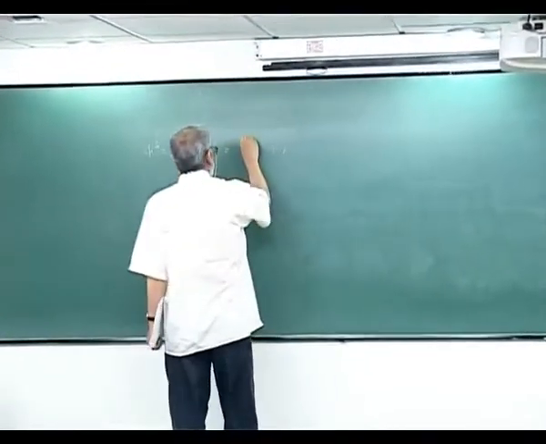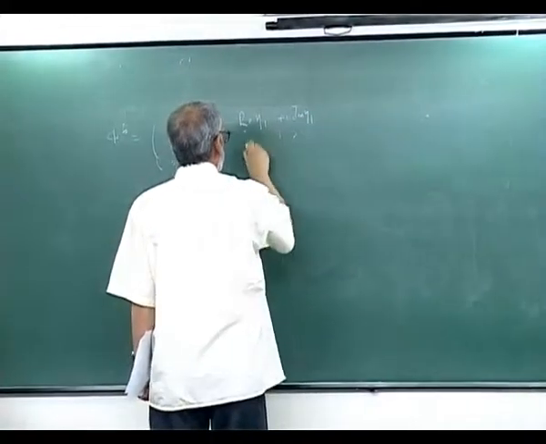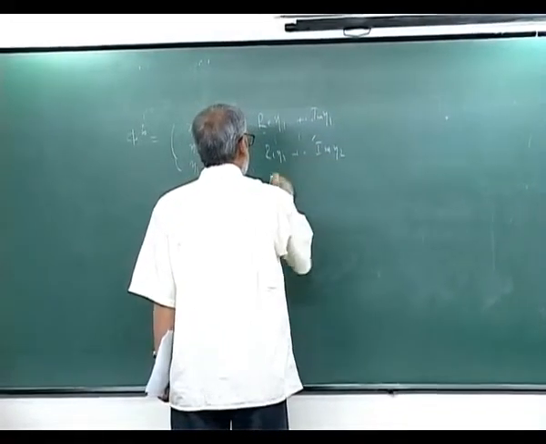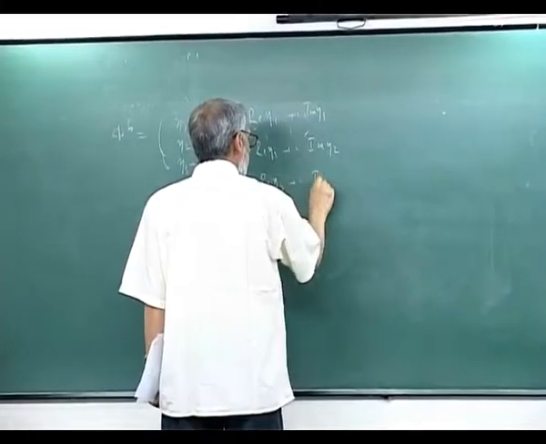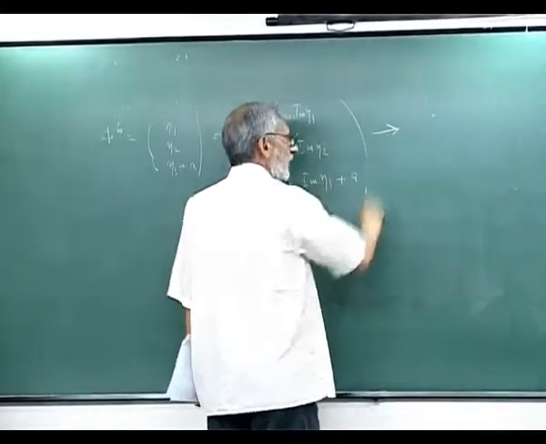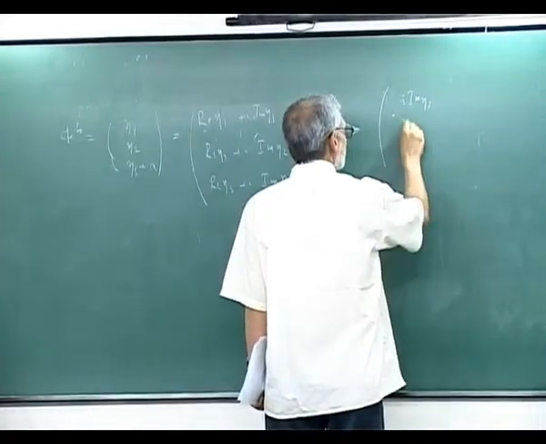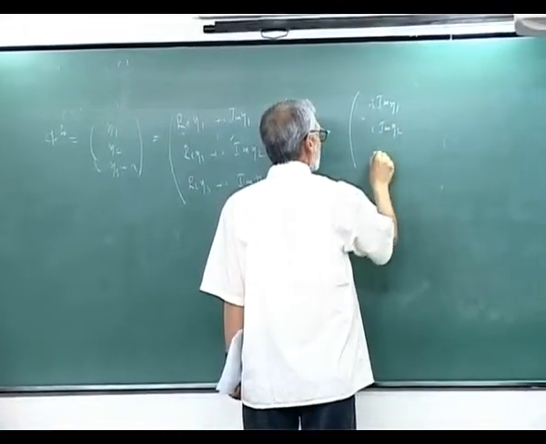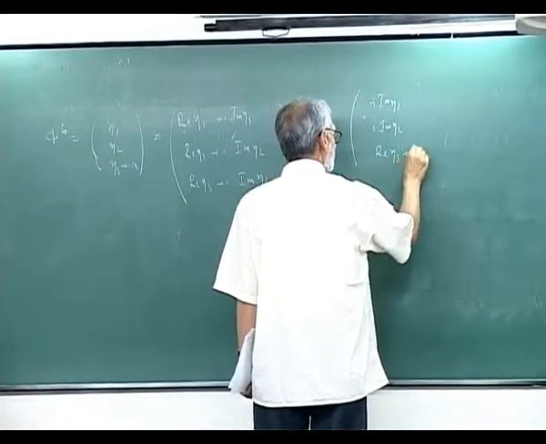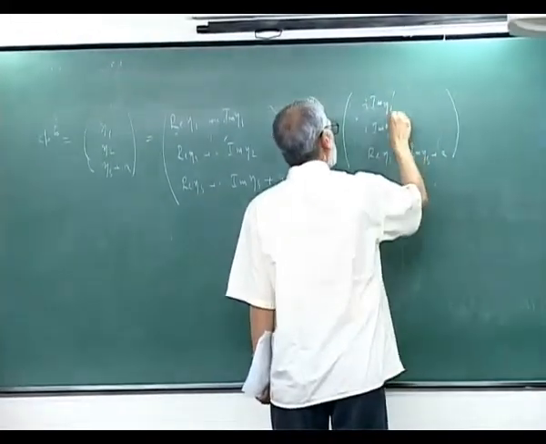Now this was real eta 1 plus i imaginary eta 1, real eta 2 plus i imaginary eta 2, real eta 3 plus i imaginary eta 3 plus A. I can make it a gauge transformation, and get a new object.